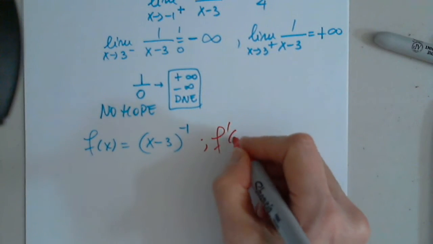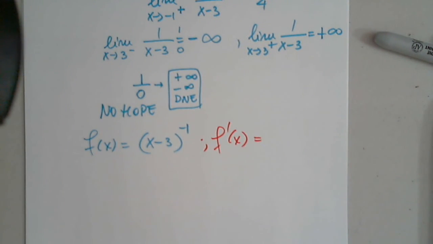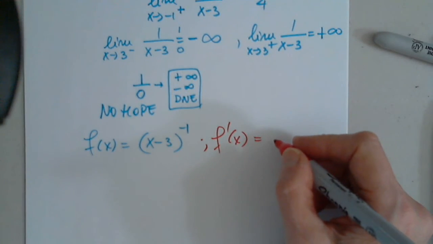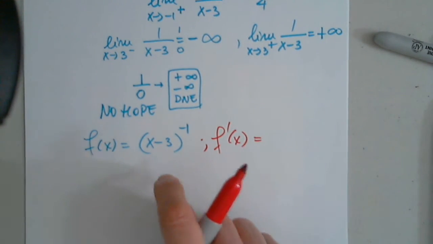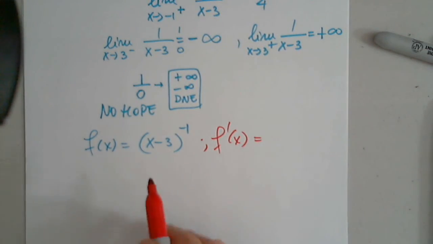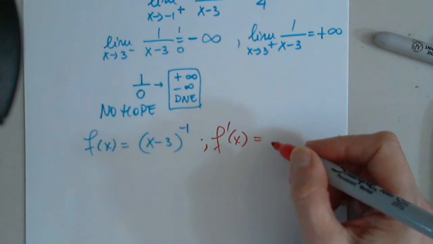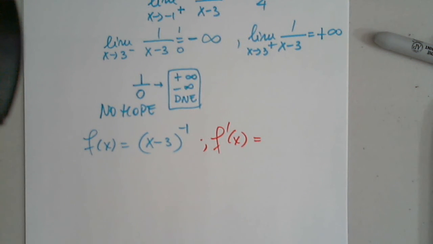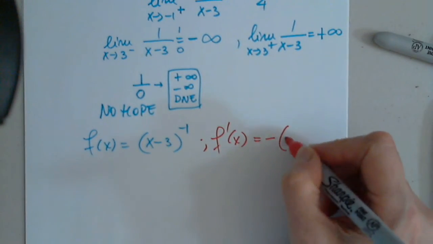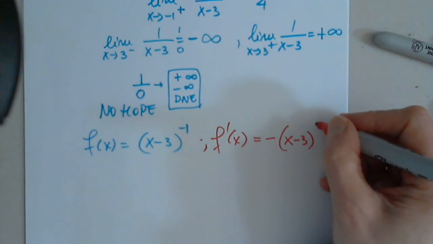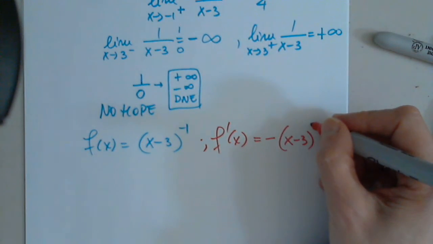So then f prime of x, can anyone differentiate this for us? Shvam, would you like to try? Are you doing it for x minus 3 to -1 or the original? I didn't even copy the original, so we are here, right? Yeah. Would it be -1, excellent, and then x minus 3 to the -2?